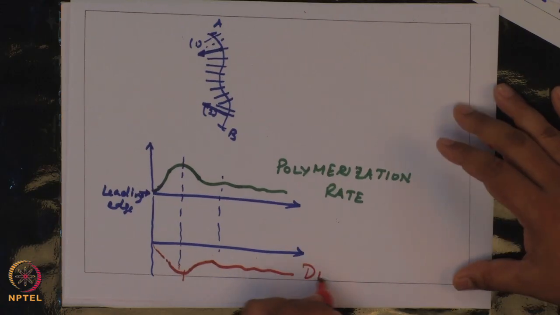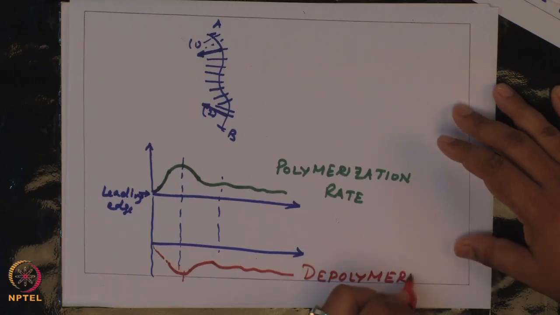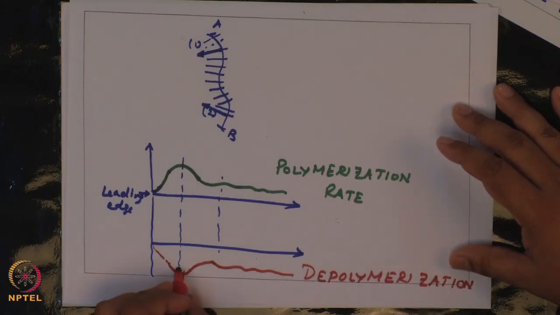So, this signifies the depolymerization. So, here is the position of the peak, and the peak is right shifted.